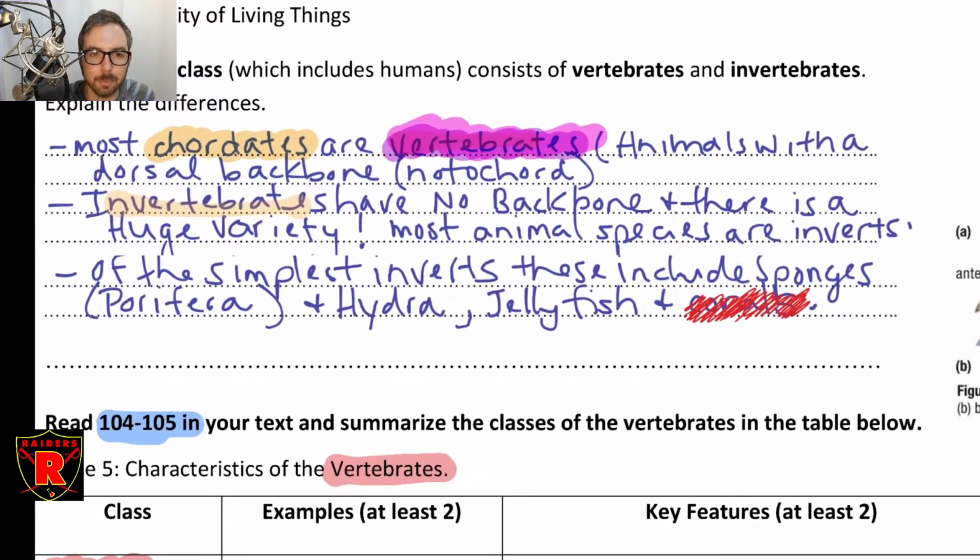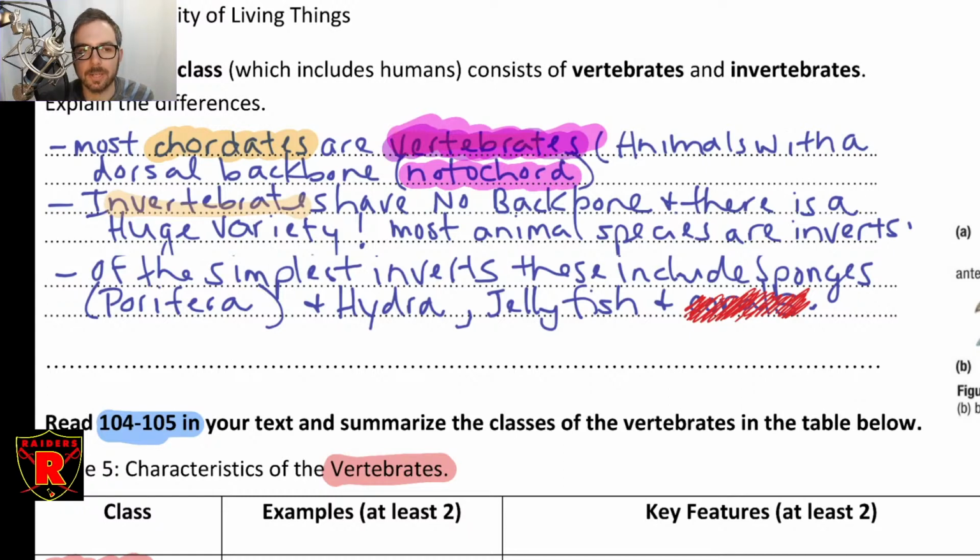When we say that something's a chordate, I mentioned that it has a spinal cord. It means that during embryonic development, you can actually see a cord of nerve tissue that goes from the top of the organism to the bottom, and that's called a notochord.